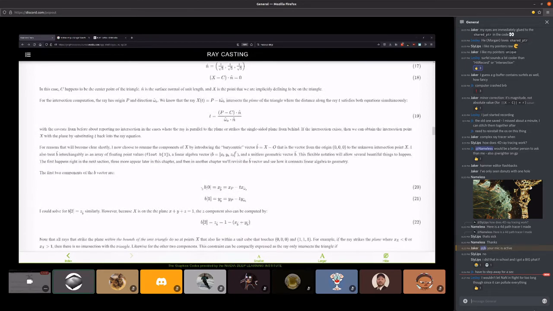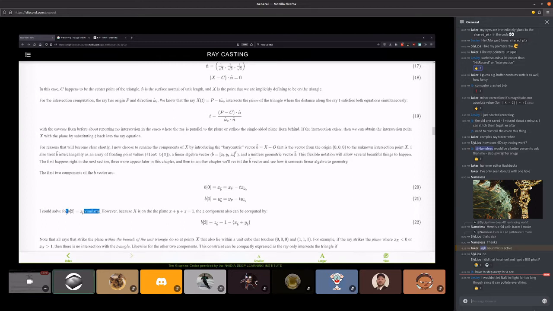Okay, first two components of B are x of P minus T x of omega, and B1 is y of P minus T times y of omega.